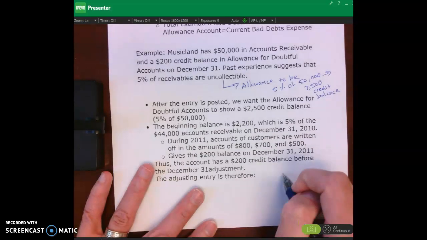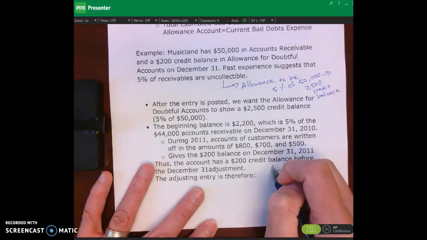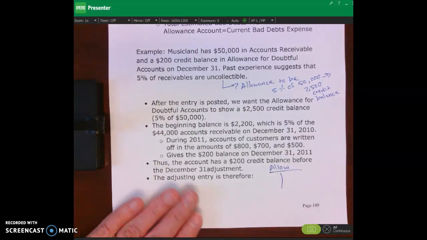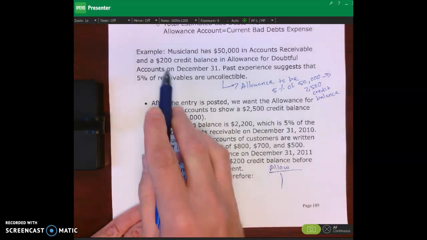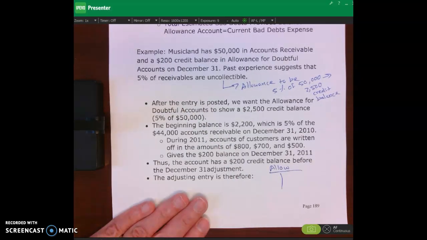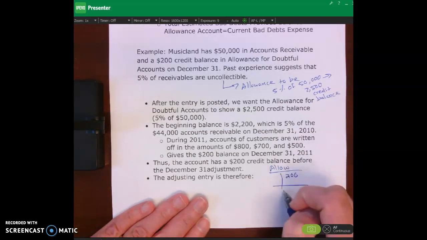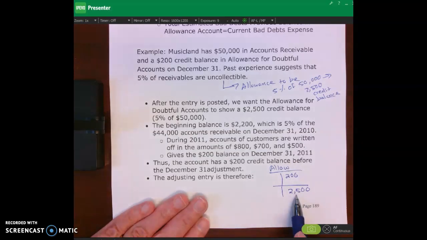But I'm going to do my T account. Remember, T accounts are fun. They help you. So I've got my T account down here for the allowance for doubtful accounts. Here's the tricky thing, is I have $200 sitting in there already before I do this journal entry. I want it to be $2,500 after I do the journal entry.